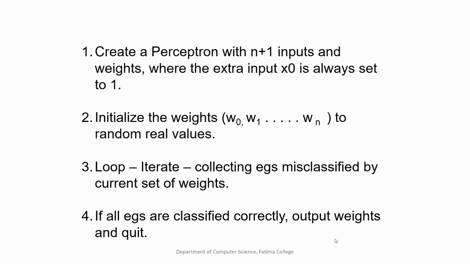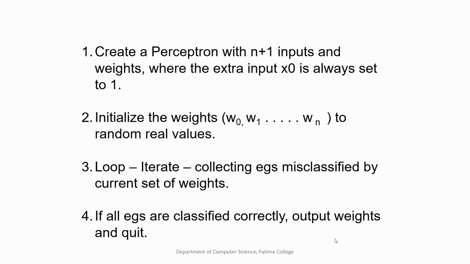With the weights W and all the inputs, including the x0, which is set to 1, the process will start now. You have to repeatedly do the loop. It iterates, collecting examples misclassified by the current set of weights.